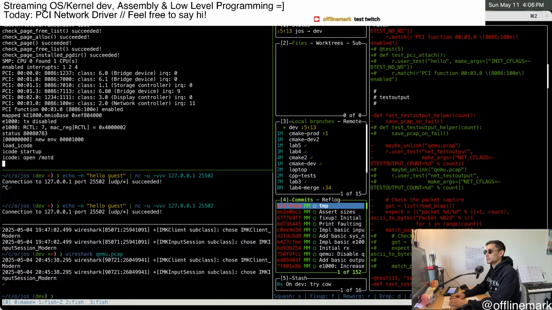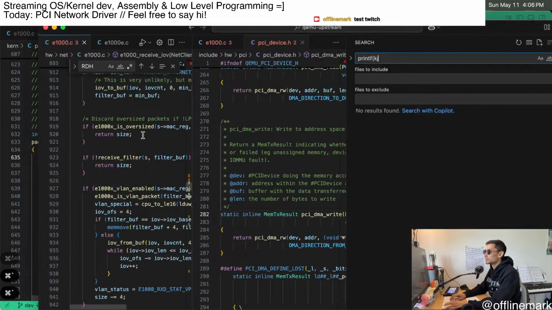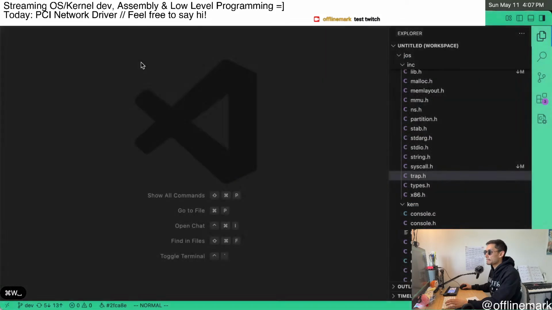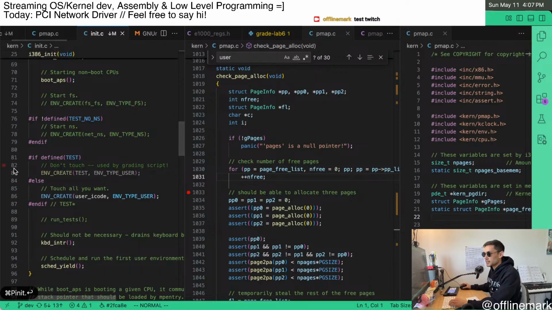Okay, the kernel did not start, but that is usually a sign that something was off in the init process here.